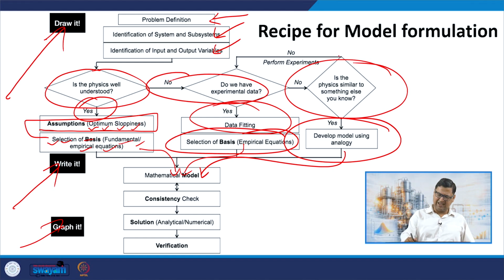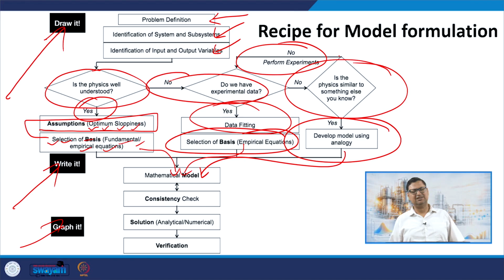And if we do not have that analogy, then the only possibility is to go back and do experiments, right? Because experiments, I repeat, are the ultimate truth, right? So, if we do not have anything else, we can always perform experiments, and provided that we are doing a data fitting and coming up with a model, as long as the model is fitting the experimental data, since experiments are the ultimate truth, that model is going to work well.